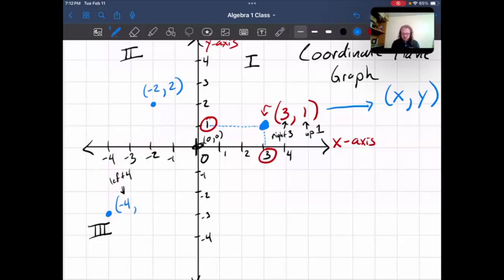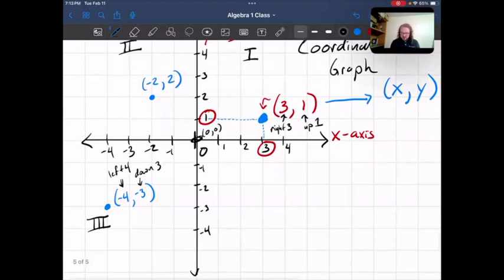And then the y value is -3, which means down 3. So I went left 4, down 3. So all these numbers do, these coordinates, the x and the y, they tell you where a point is. And that point, as we're going to see in a bit, sometimes represents a relationship between the x and the y.